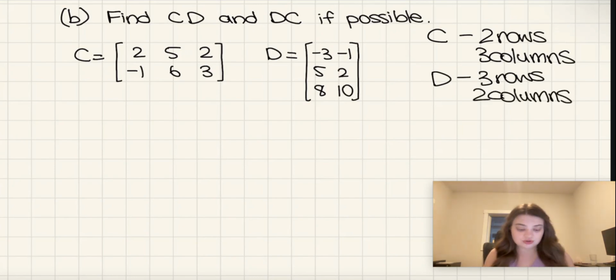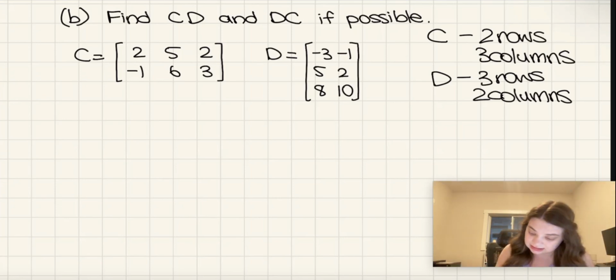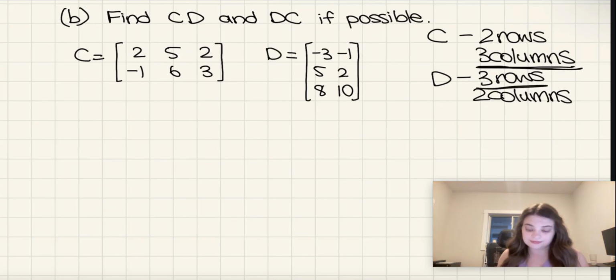So when it comes to C times D, is it true that the number of columns of C is equal to the number of rows of D? Yes, because we have 3 columns for C and 3 rows for D, so that is the same number, and we can do C times D.